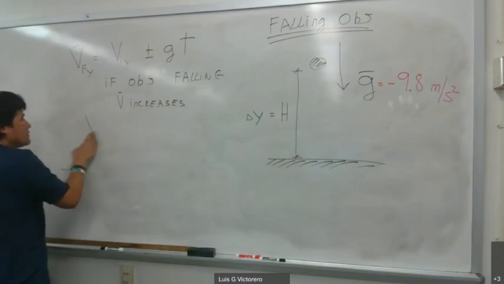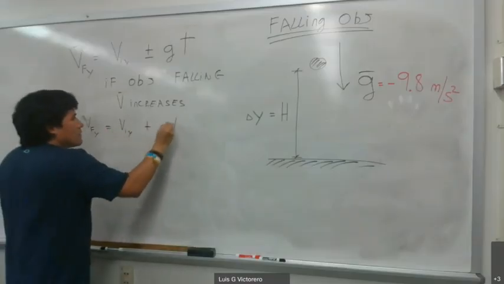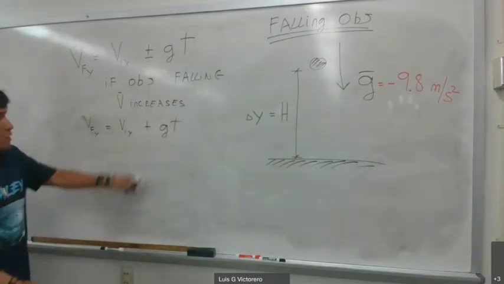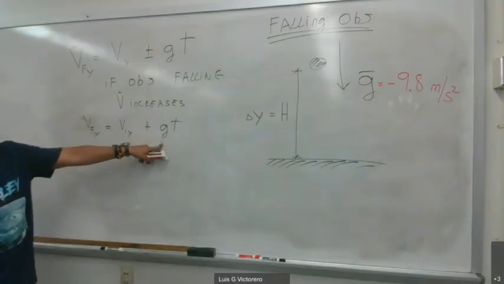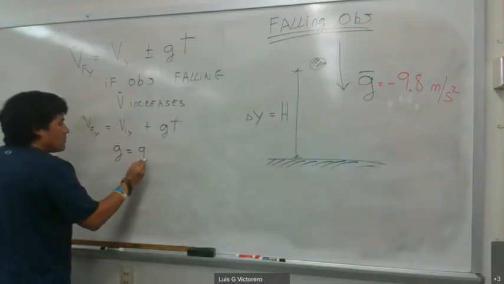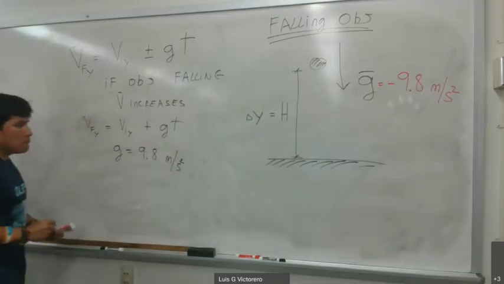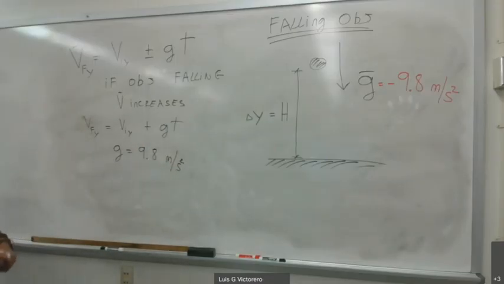Therefore, the v final on y is equal to v initial on y plus, and then you just put 9.8 there. So you can say g is just 9.8. And that will be for every other equation.